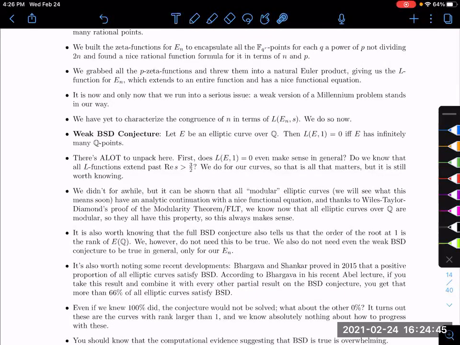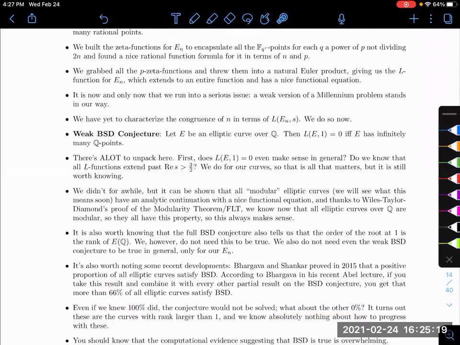But more importantly, let's say we even knew 100% of elliptic curves satisfied BSD. We still wouldn't be done. The problem would not be solved. This is a statistical figure. We're not saying literally, when we say 100% of elliptic curves satisfy BSD, there's still the remaining 0% that we don't know the answer for. This is like a probabilistic computation. And so you might ask, what do we know about this other 0% of elliptic curves?